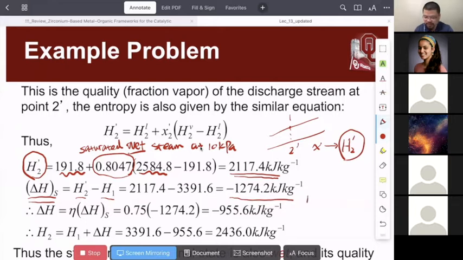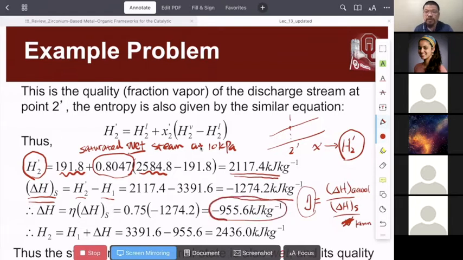And now we can utilize this efficiency because we know this is the actual, and this is the delta H of the maximum. So now we figure out this value. We have the efficiency from the problem. That is known or calculated just now. Then we are able to figure out what the actual enthalpy change is over there.